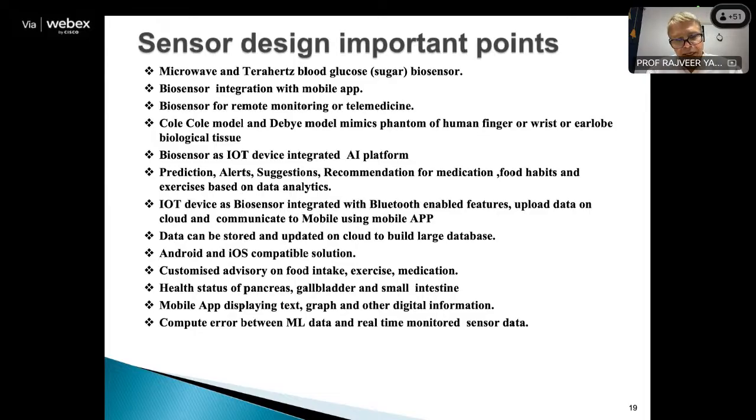Compute error. This is a very important feature which we were able to get from the ML model. Reason being, if the sensor is not connected or the finger is not making proper contact, the instant reading of the sensor may be erratic. So if you integrate with the ML model, that erratic reading is instantly reported.